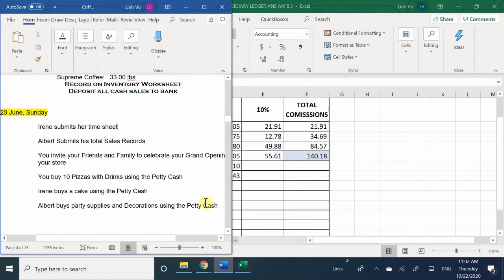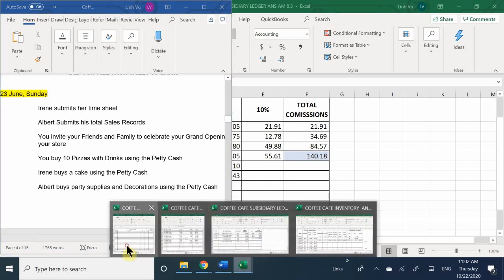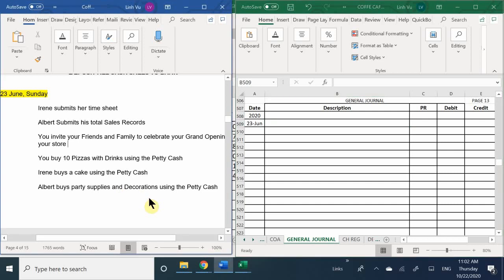All right. So then we have a party going on. What happens when we dipped into our petty cash? What do we do here? Well, it didn't say how much we spent out of petty cash.